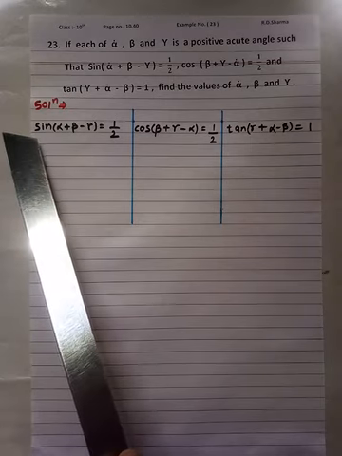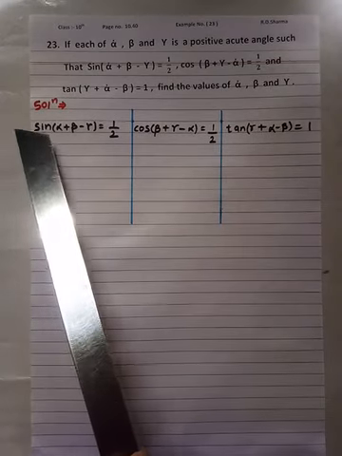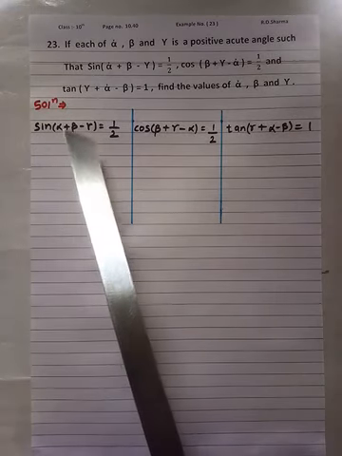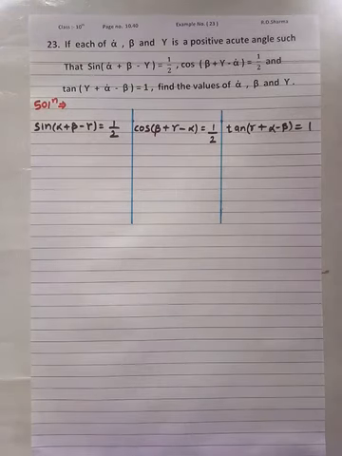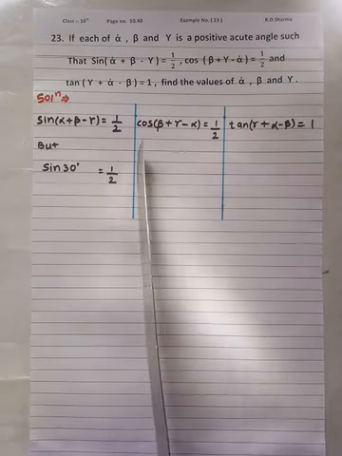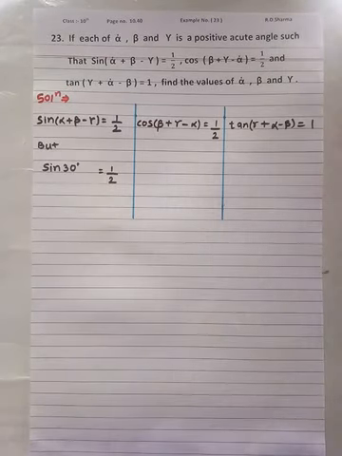Our observation: sine of which value is 1 by 2? According to the table and the given condition, sin 30 degrees is 1 by 2. Then observe, my friend, cos of which value is 1 by 2?